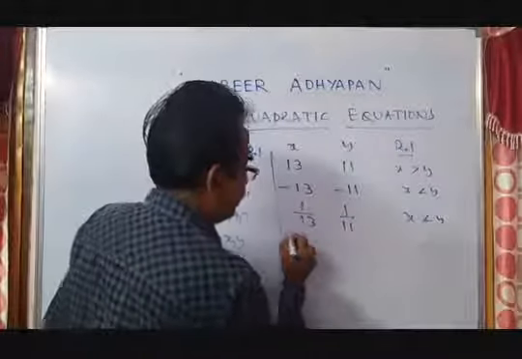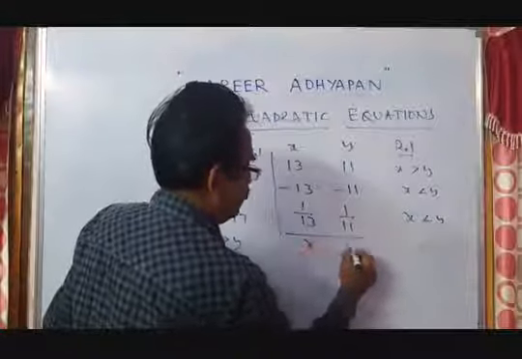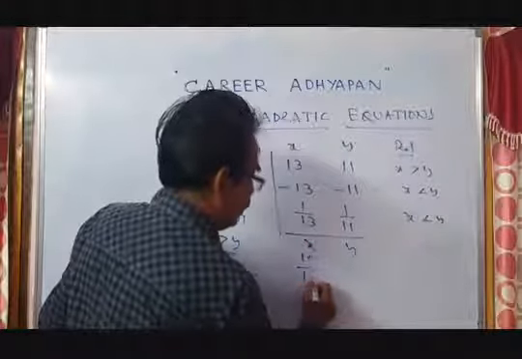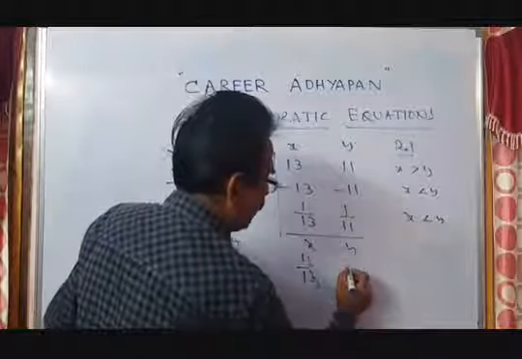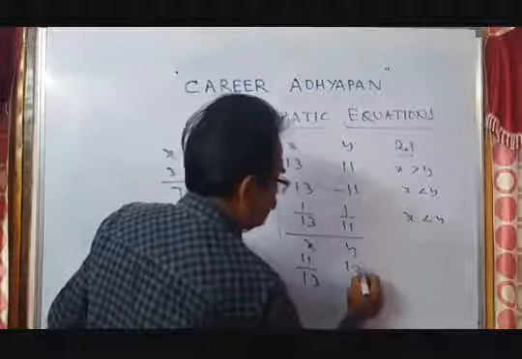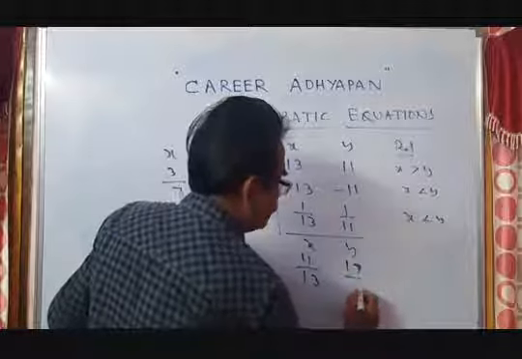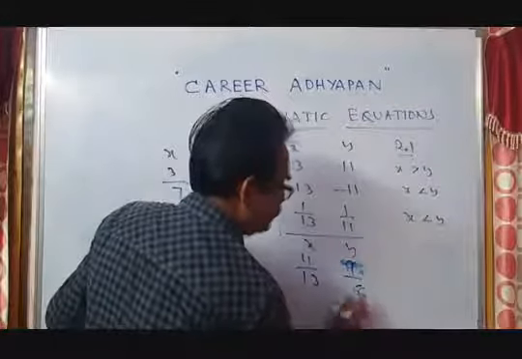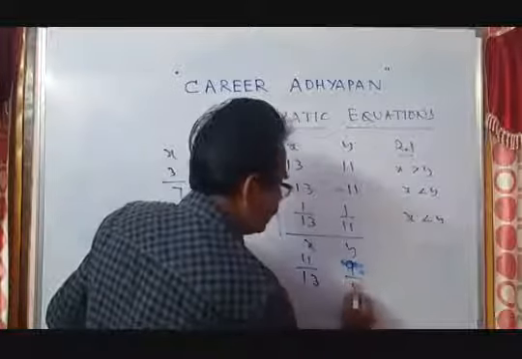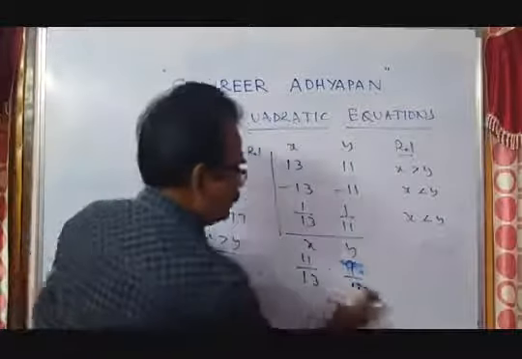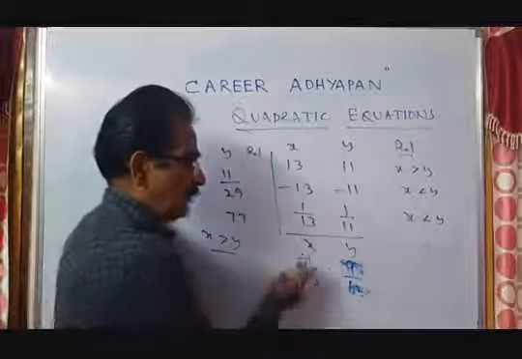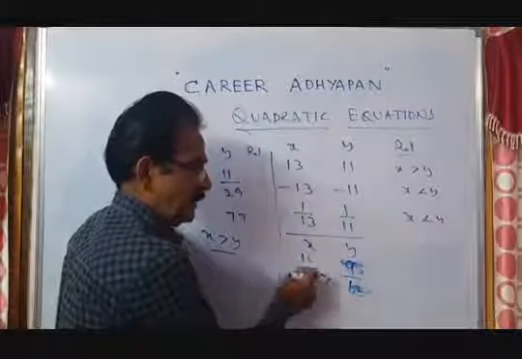Let me take one more example. x is equal to 11 by 13 and y is equal to 9 by 12. Which is greater, either this or this?